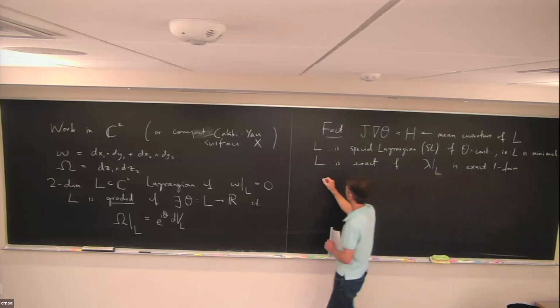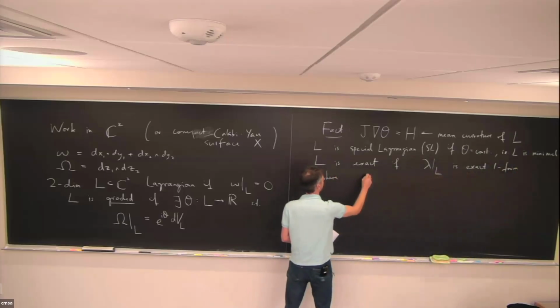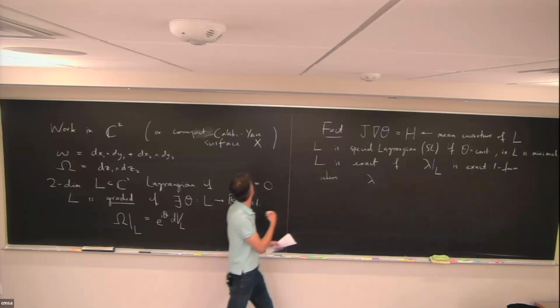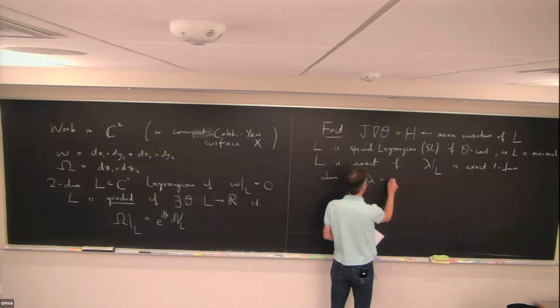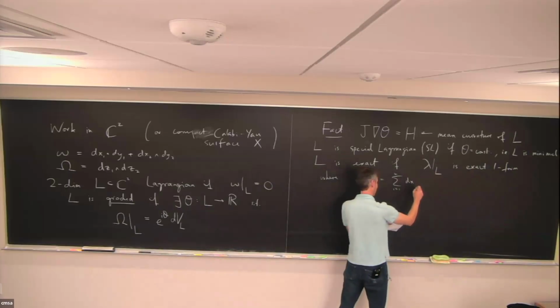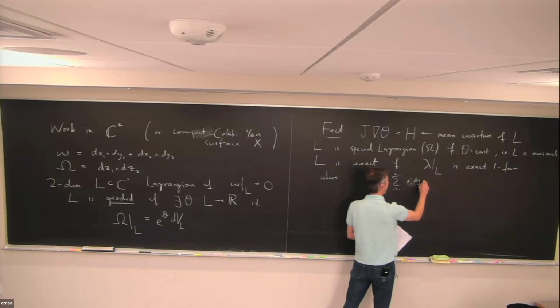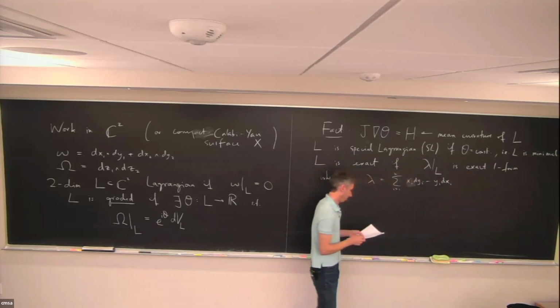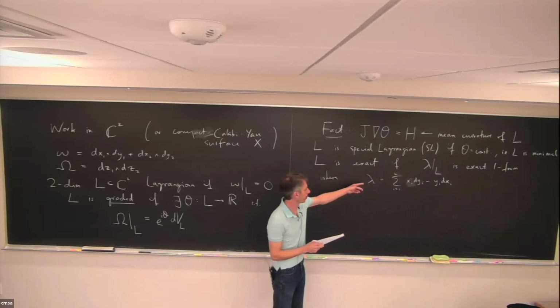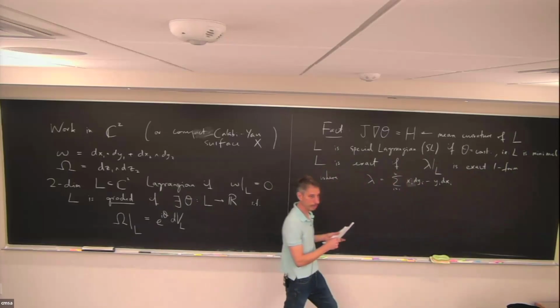Again, on C2, this is some specific form. It's just the sum of, let's get the sign right, x_i dy_i minus y_i dx_i. And the point of this form is just that d lambda is 2 times omega.